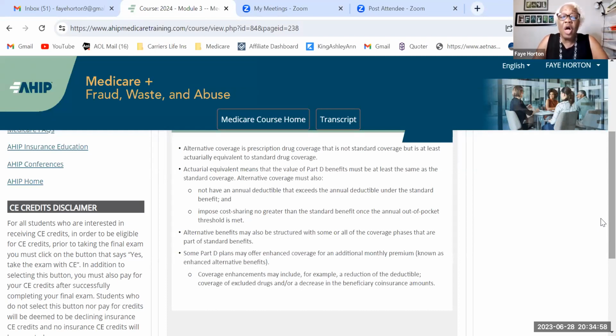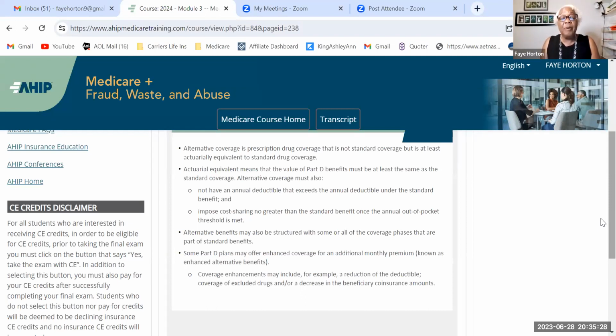Alternative coverage must also not have an annual deductible that exceeds the annual deductible under the standard benefit and impose cost sharing no greater than the standard benefit once the annual out-of-pocket threshold is met.